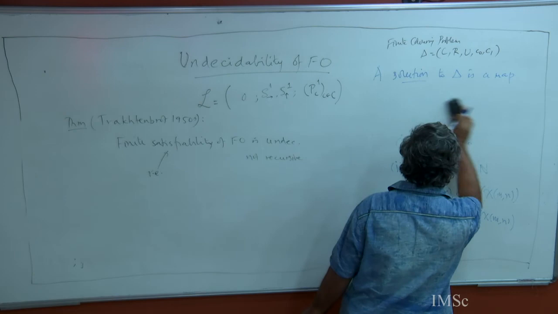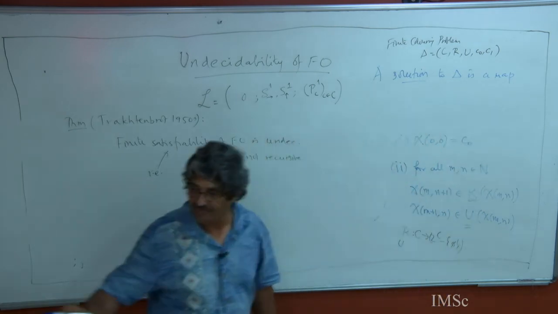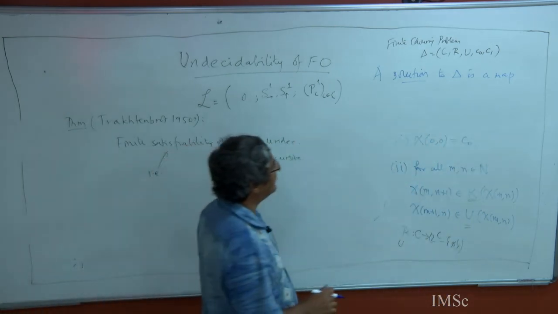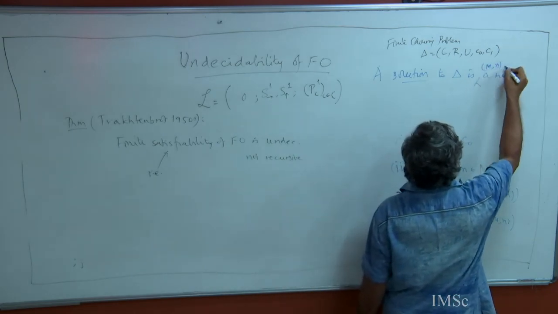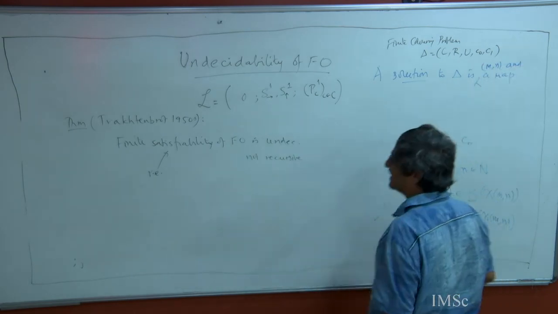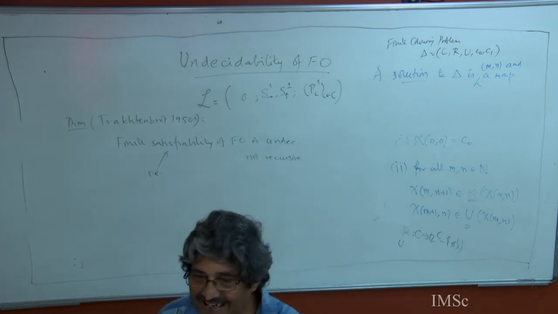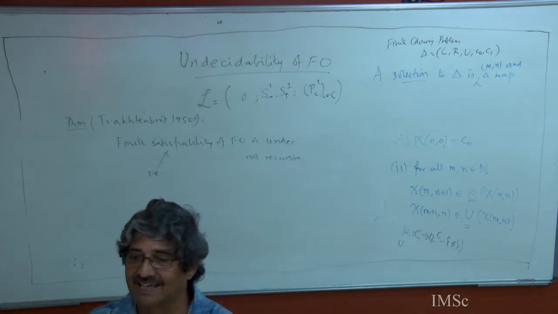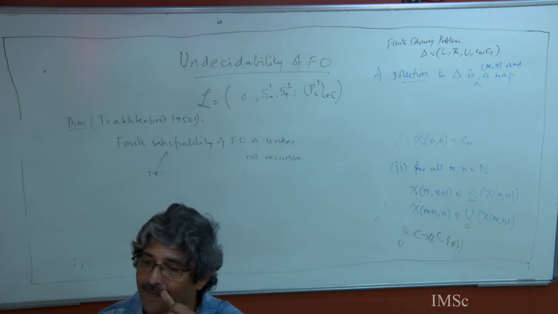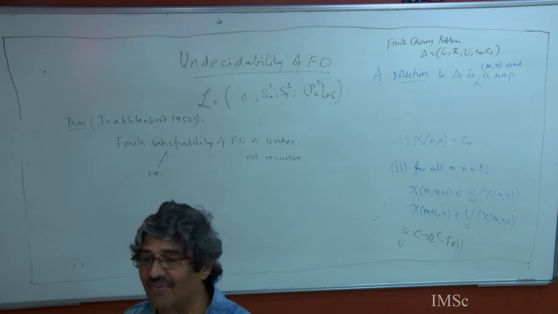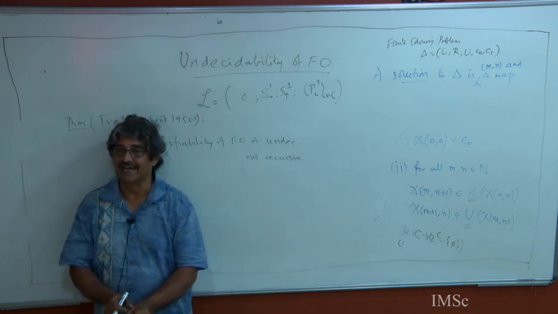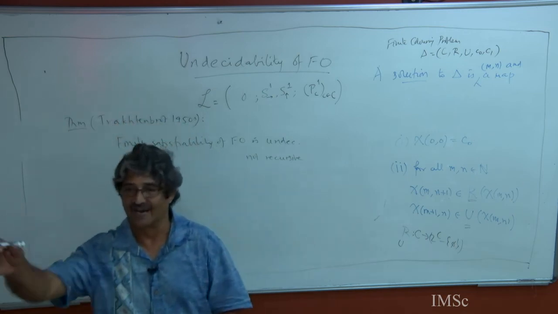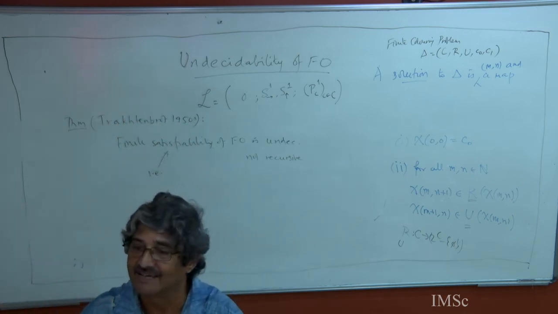A solution to delta is first a pair m comma n. So you are asked, is there a finite rectangle that is colored? Can you color a finite rectangle for me? A solution will tell me the rectangle is 0, 0 to m, n.